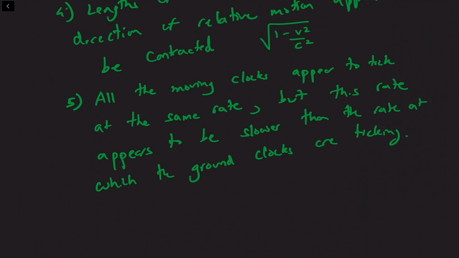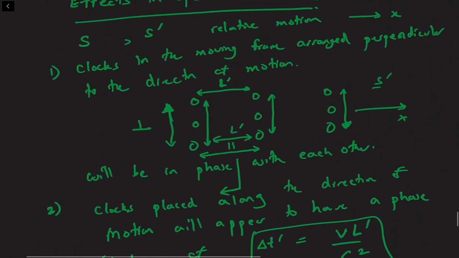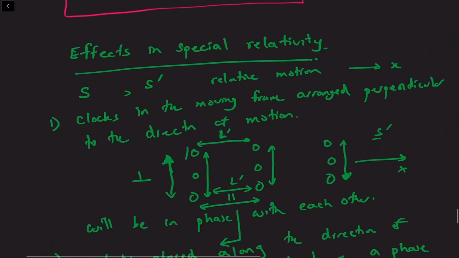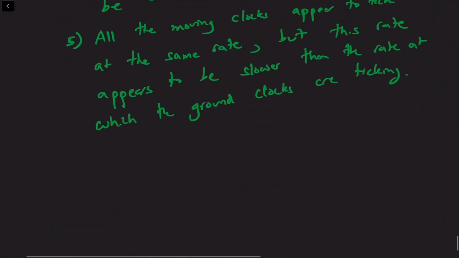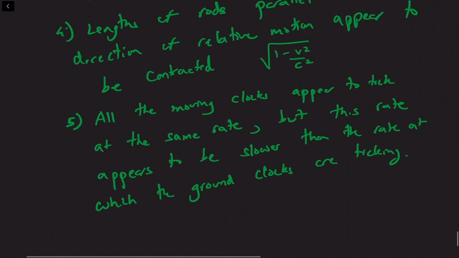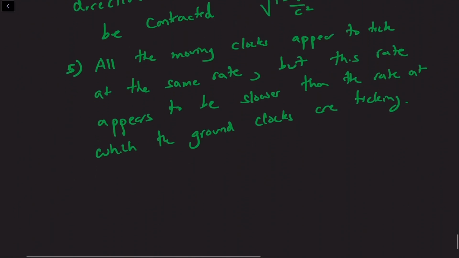When they time the moving clocks with their own clocks, they see that the moving clocks appear to be slower. If they take any one moving clock, let's say this one, and watch it as it moves to the right, it would appear to tick more slowly.